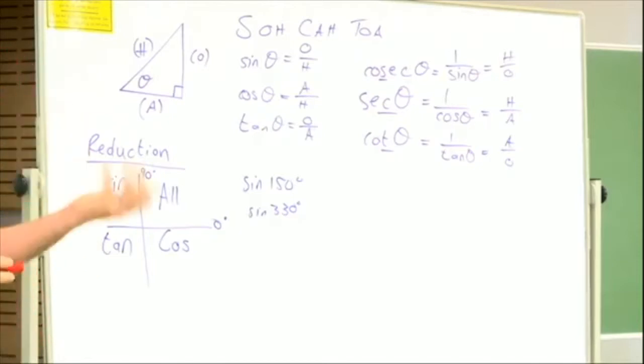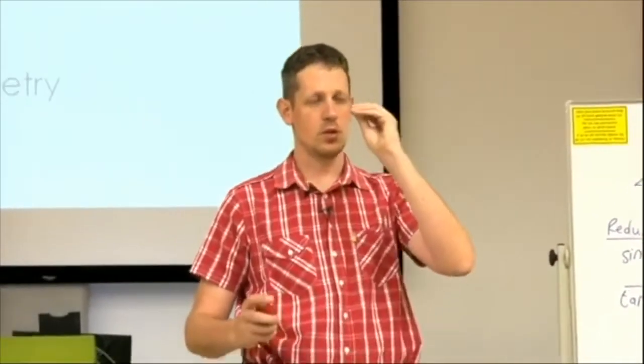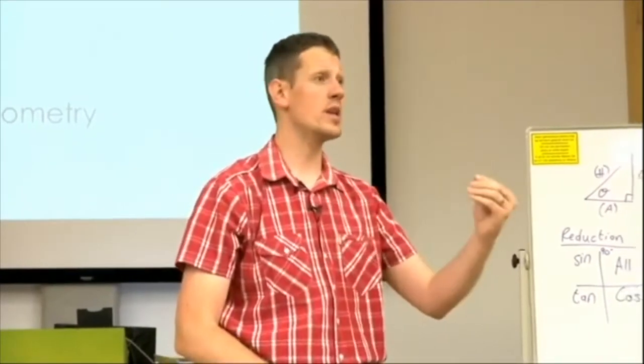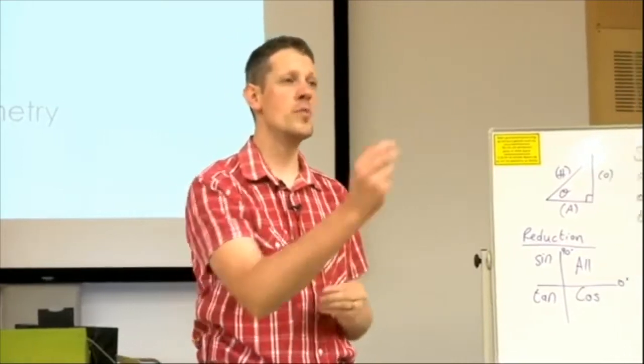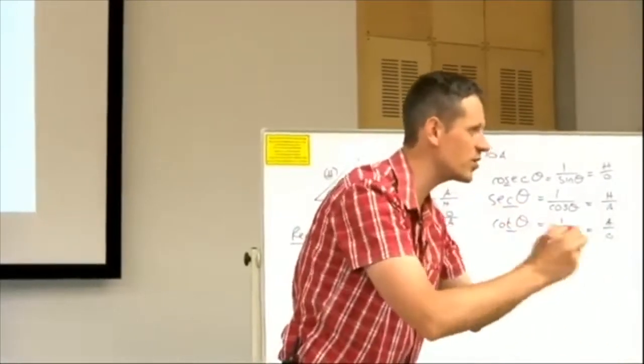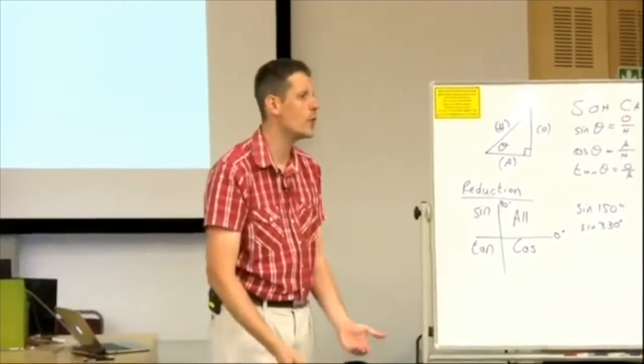What I have found in the past, in all my years of teaching, is that when you guys mess up with a CAST diagram, you will struggle to finish off the sums. Because you forget to make one of them a negative where it should be a negative, or you make it a negative where it should be a positive. Then sometimes the things just don't work out the way we intended, and you get stuck halfway.